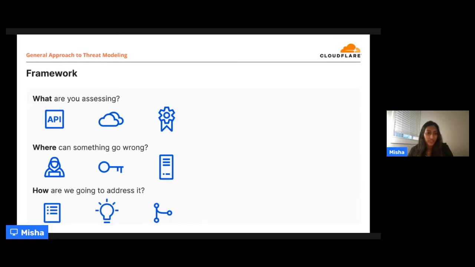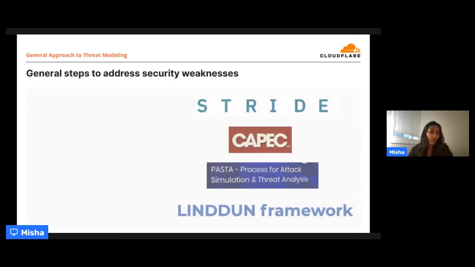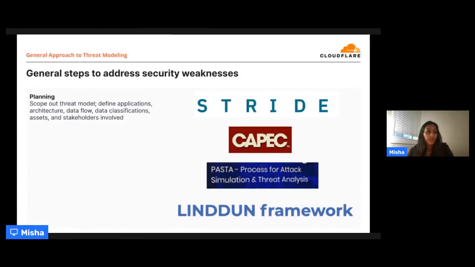So here are some of the general steps, and these are some of the common frameworks that some of you may be familiar with. The first step is the planning phase, and this is where you scope out the threat model and try to figure out which part of the system you're going to be focusing on. Sometimes if you haven't touched a system at all, it could just be a combination of everything in a high-level overview.